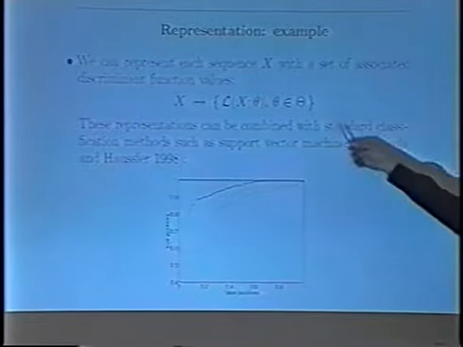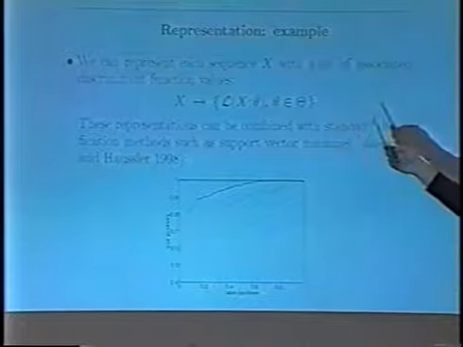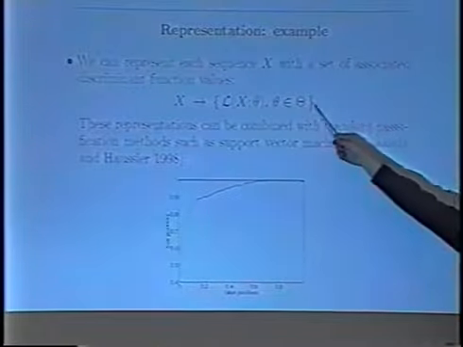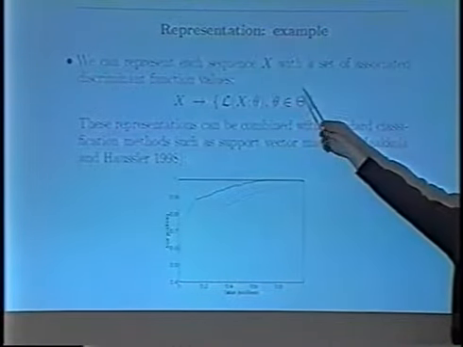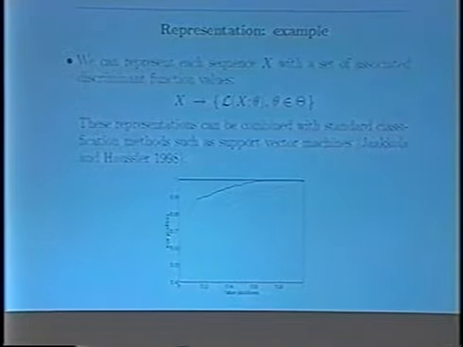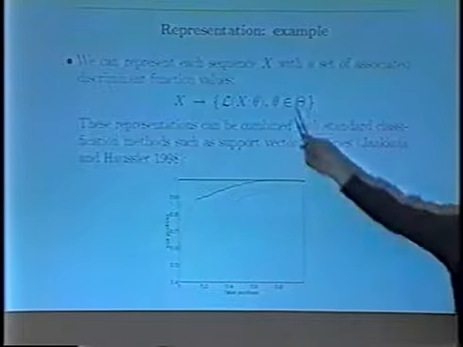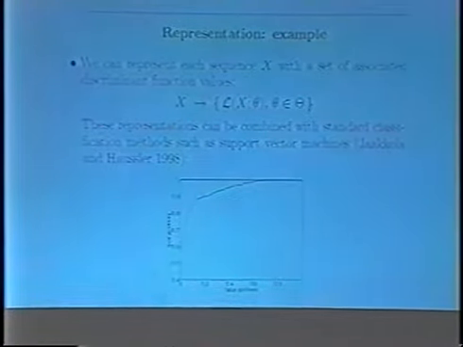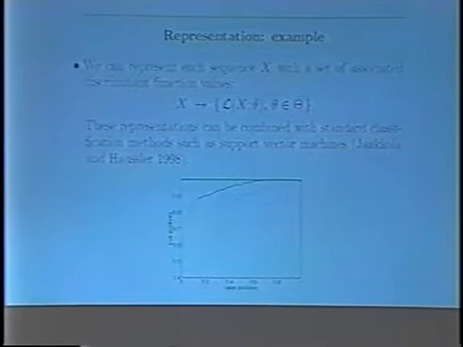Okay, and in fact you can show that with this representation and a standard linear classifier, I can improve the classification of your model, assuming your model wasn't perfect. So this representation contains more information than the likelihood value that you can get, say, out of an HMM.